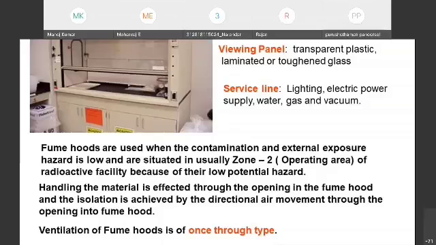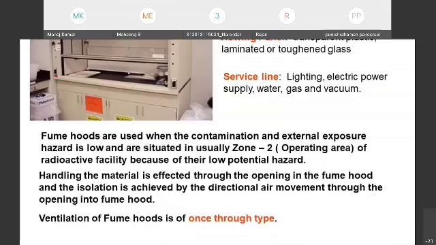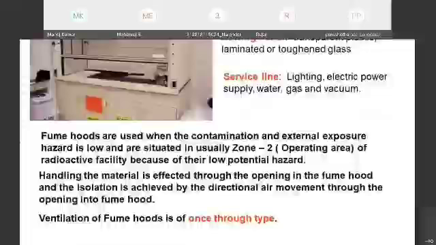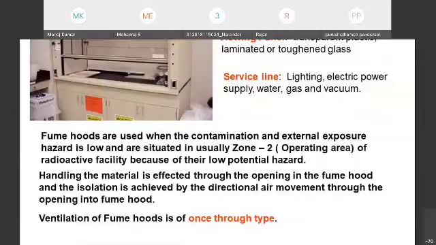This is how safety is ensured for a person standing outside: the air will not come from inside to outside. The pressure will be more inside. So this is how operator safety is ensured. Normal low level radioactive materials, and liquid type of radioactive materials, will be handled in this fume hood, and ventilation in this type is once through.